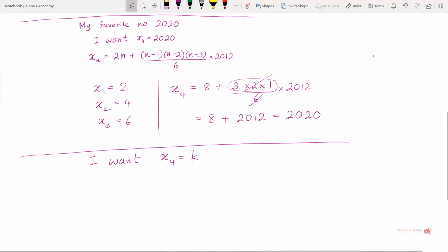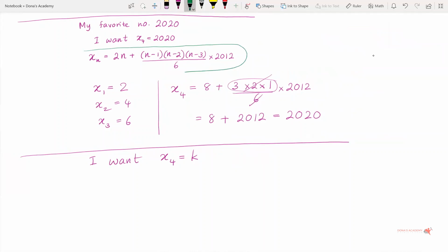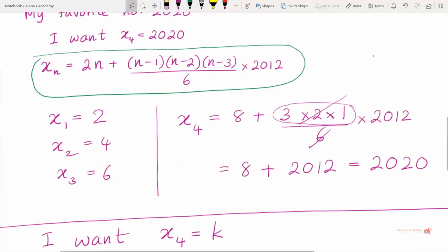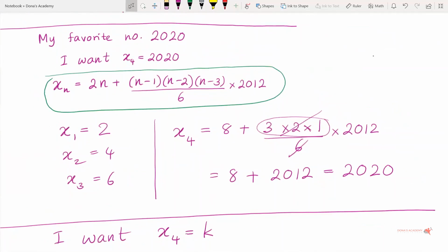All right, so what can I do? I can do a similar type of modification as I did here. Here I changed... now, what did I have? Why did I have 6 here? Because this was giving you 6 for n equals 4, and I wanted to cancel it. And how about this number? This number was the difference between my favorite number and here 8. It is still giving you 8 here.